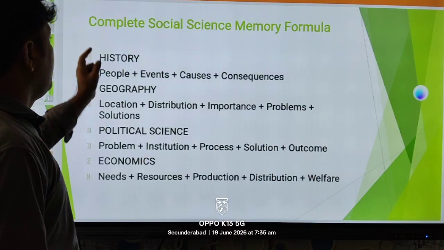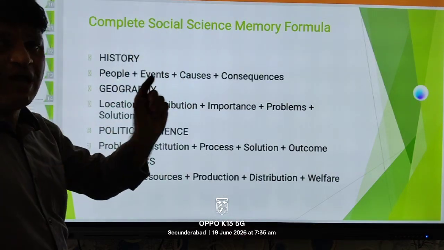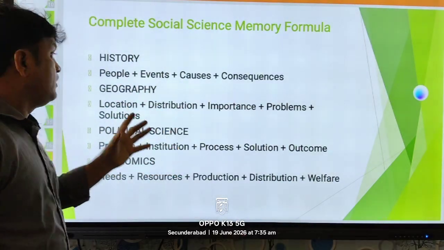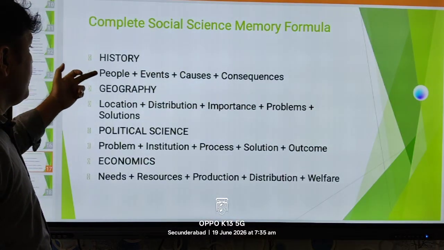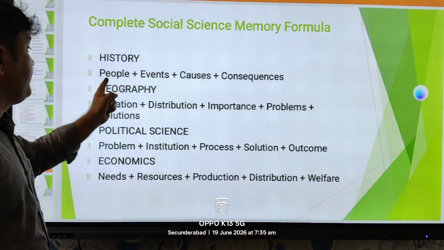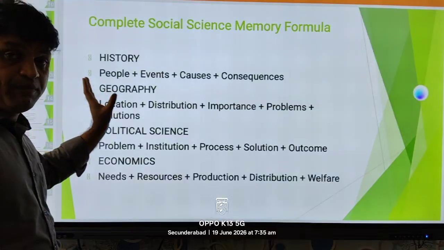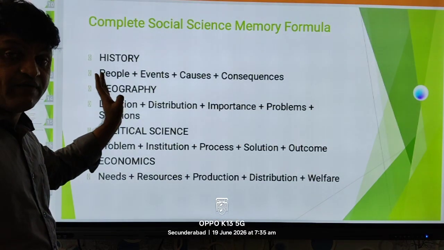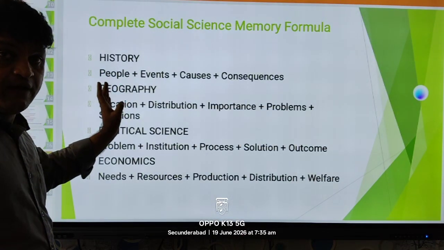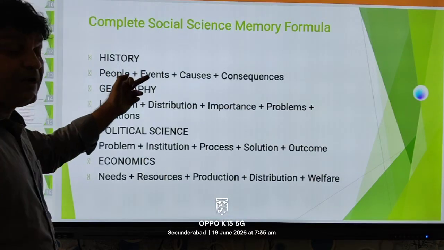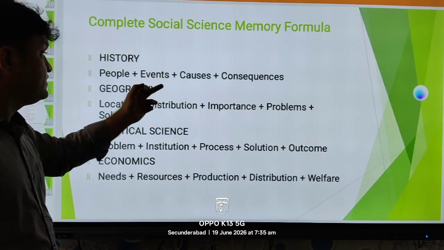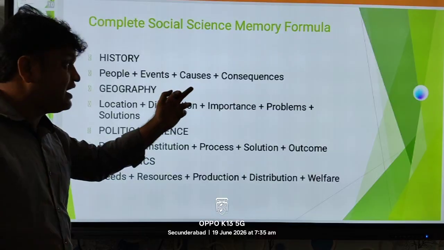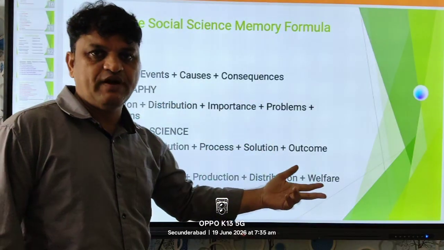And if you look at the complete social science memory formula, how can you memorize it? For history, we need to focus on people and events: who are the people involved in the French Revolution, the rise of nationalism, and nationalism in India, right? Who are the people, what events took place, what are the causes and effects, and what is the final result.